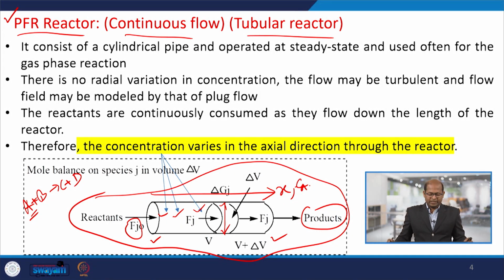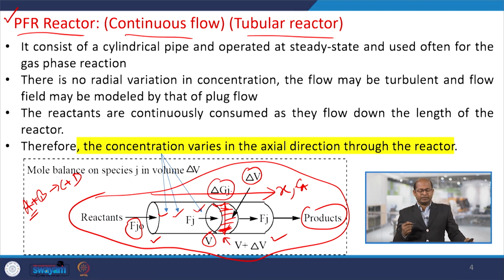Okay. So, if we want to develop a design equation for this type of reactor, then we have to consider a small element of volume for species j. This is the small element of volume we are considering. Within this, the rate of generation is delta Gj for component j.